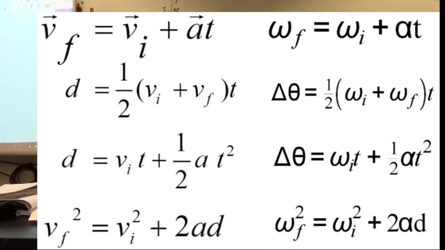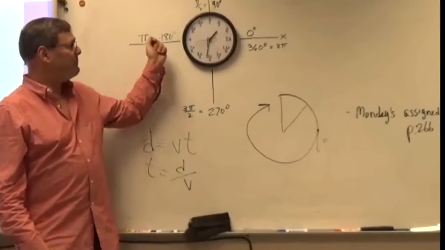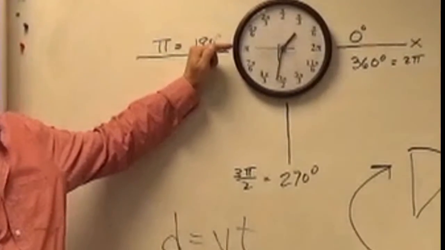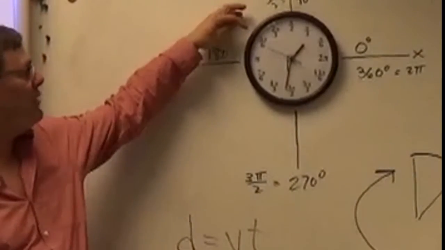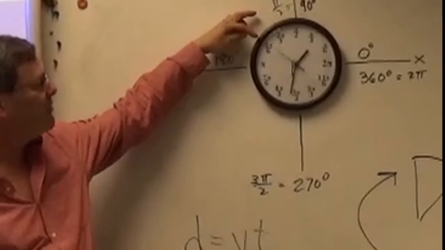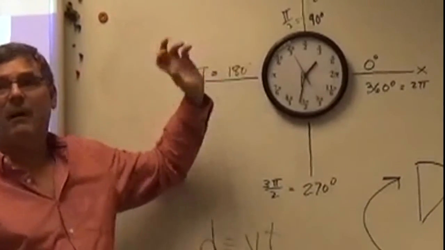Okay? So on the other poster, D stands for displacement. On our new poster, D is replaced with delta theta, our change in angular position. So to use this clock as an example, if I were to start at the 9 o'clock position, which says pi radians, and move to the 10 o'clock position, which is 5/6 pi radians, what is my displacement?